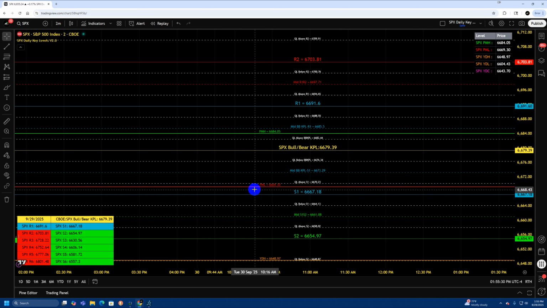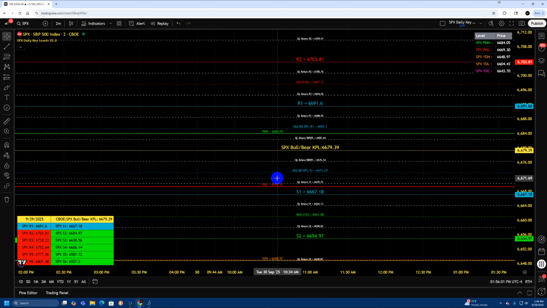So instead of a bounce off of here, if price came below here, then went back up and crossed above and closed above S1 and you wanted to take a bullish trade off of S1, it would be the same thing. You're taking a bullish trade off of S1, so your tight stop loss is the QL below S1, and your standard stop loss, if you choose that one instead, is the first midpoint below S1, mid S1, S2.